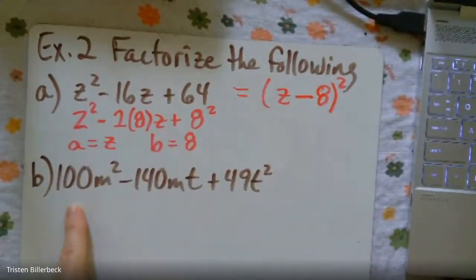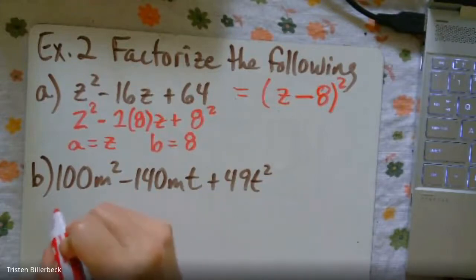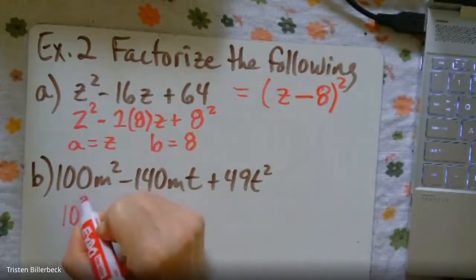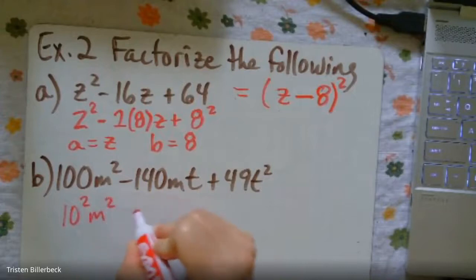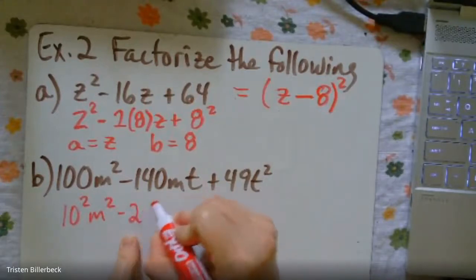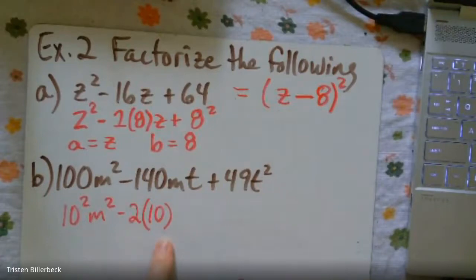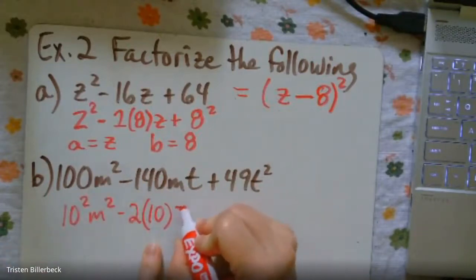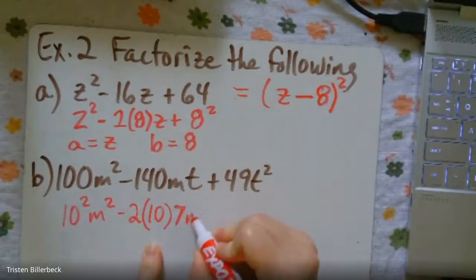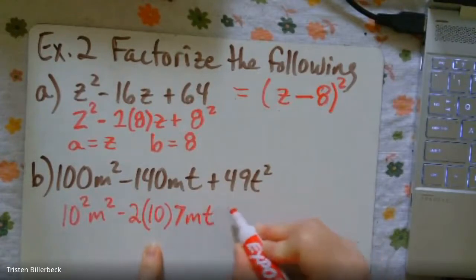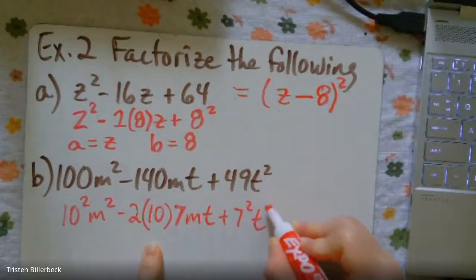All right, so this one, we know that the 100 is 10 squared m squared minus, and we know one of these is 10, so we have 2 times 10. Okay, so to get 140, that would give us a 7, mt plus, and this is 7 squared t squared.